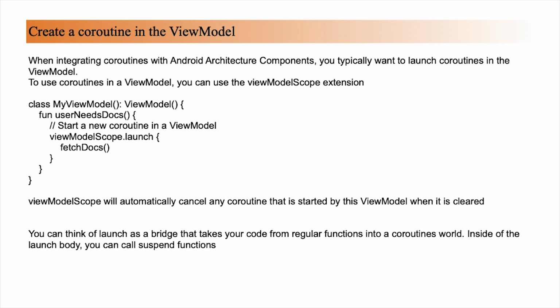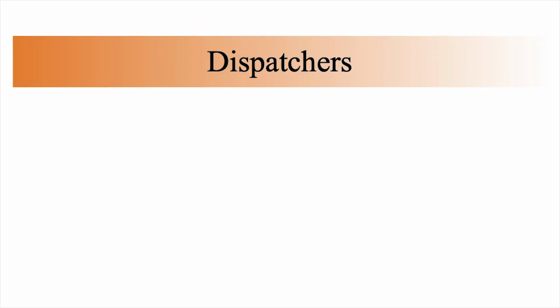Here, in our example, we use the launch method for creating a coroutine, and you can think of launch as a bridge that takes your code from a regular function into a coroutine function. Inside the launch, we can call a suspend function, and we also use viewModelScope to cancel any coroutine that is started by the view model when it is cleared.